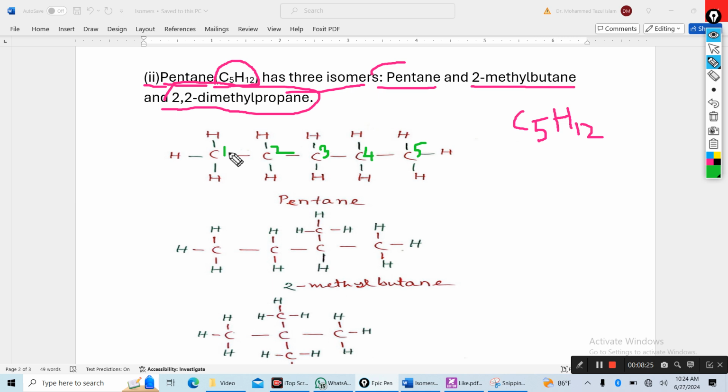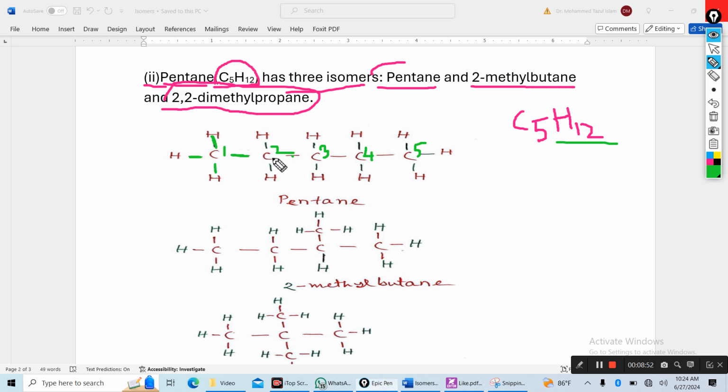Then you give the hydrogens, 12 hydrogens. The left carbon has 1 bond, so 3 hydrogens are needed to make carbon valency 4. Carbon is a group 4 element, so its valency is 4. That means carbon always forms 4 bonds.